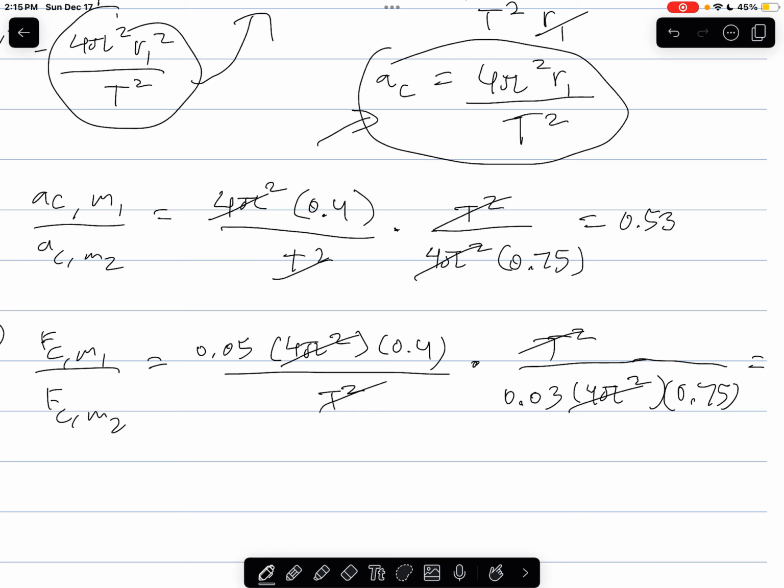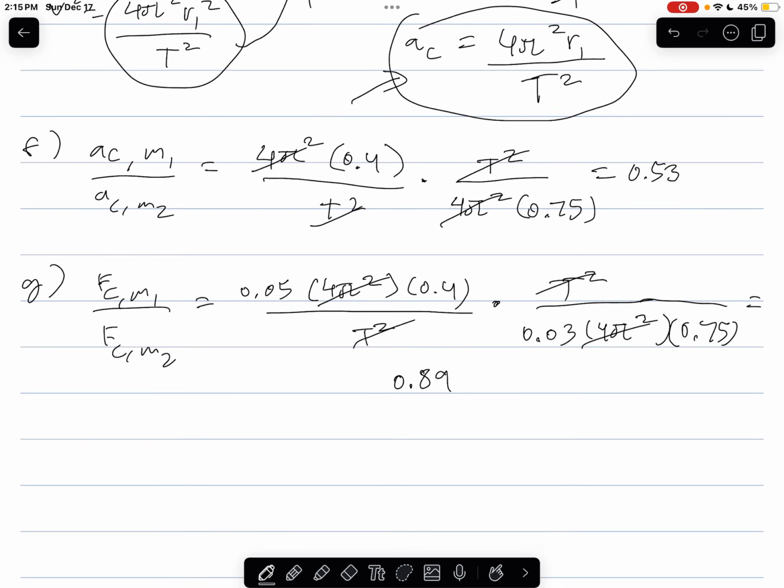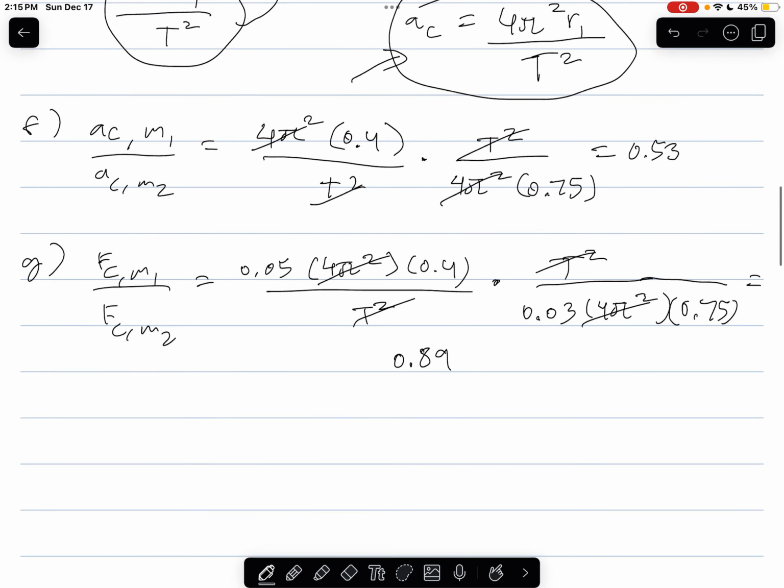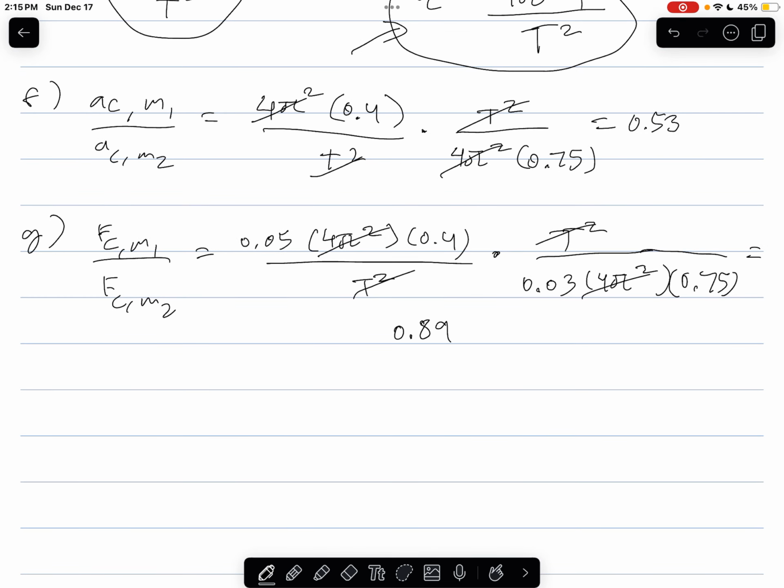Putting in your calculator, you should get 0.89 for the ratio.